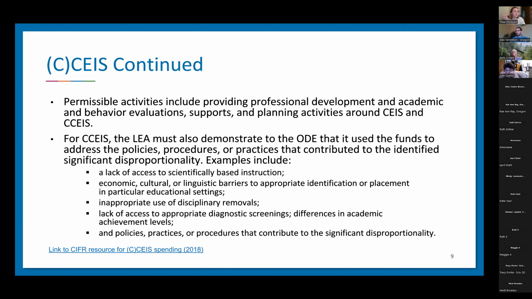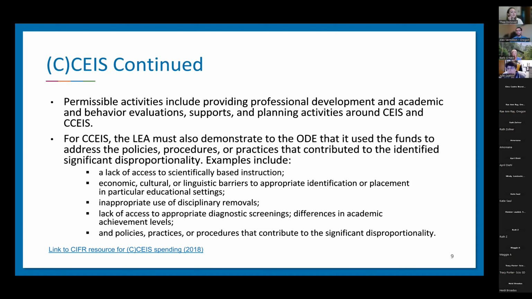You can read these here. There are a few different routes you can look at to use your funds to address some of these factors. And at the bottom here, when these slides go out, there's a resource created by our federal partners.